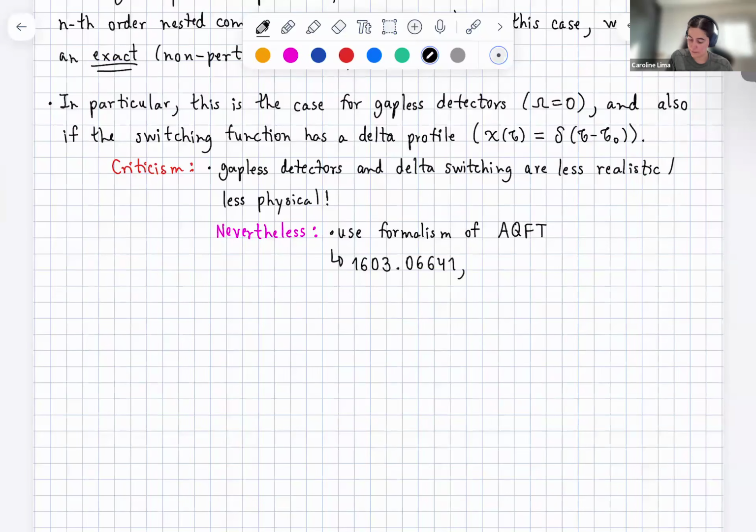And then one paper by Eric Martín-Martínez, but he has a few using those non-perturbative approaches, 294.